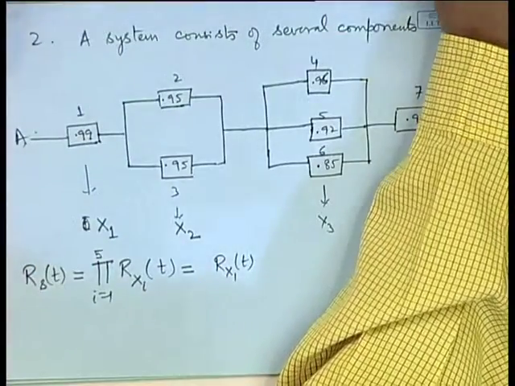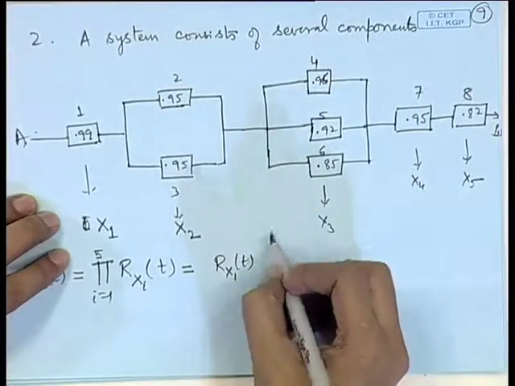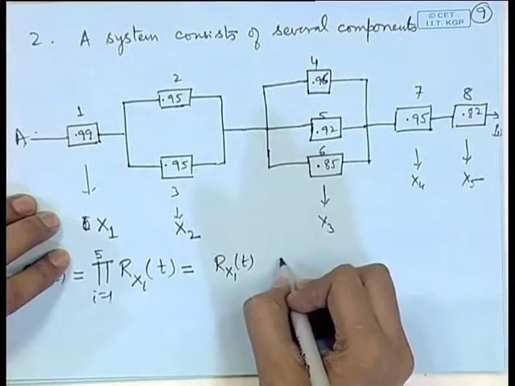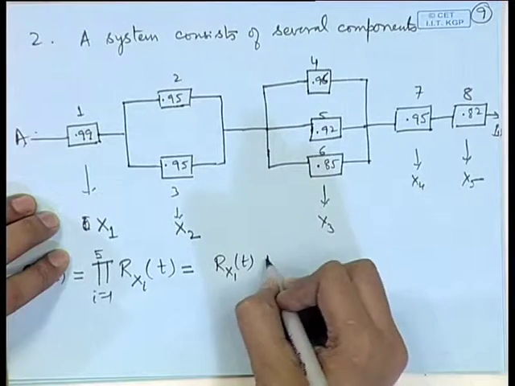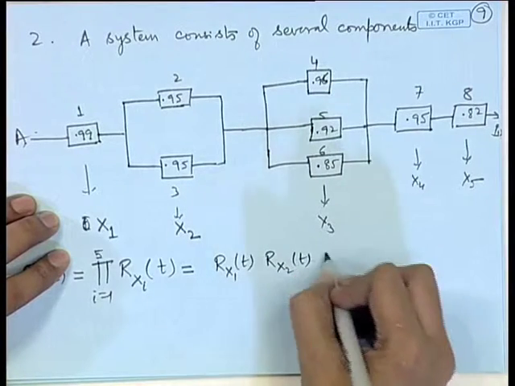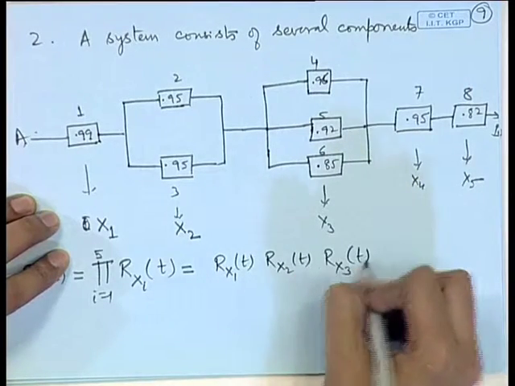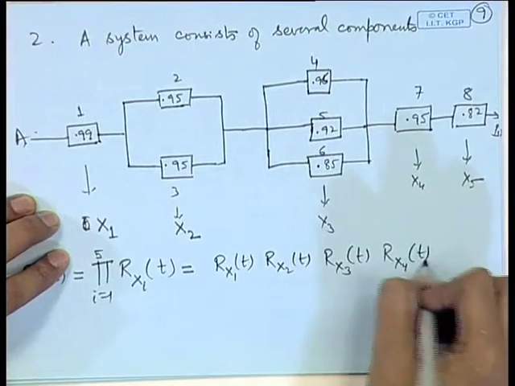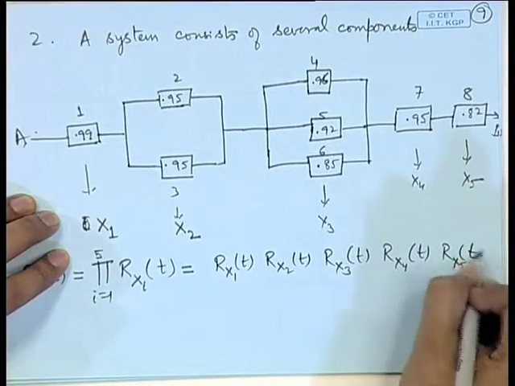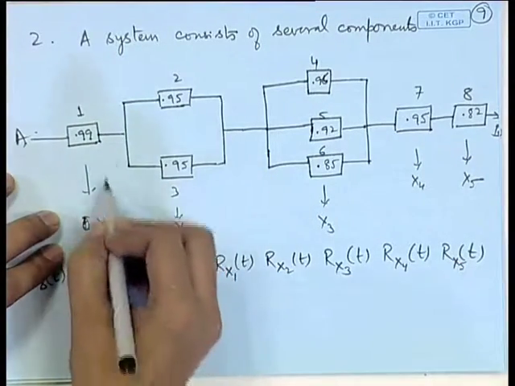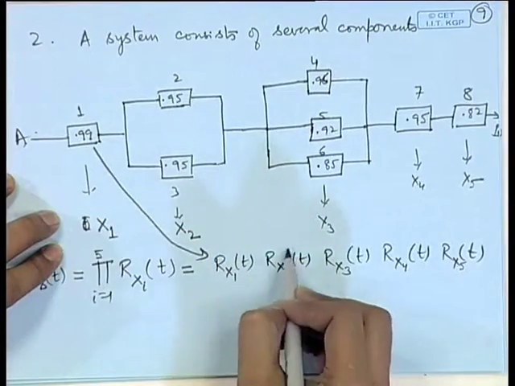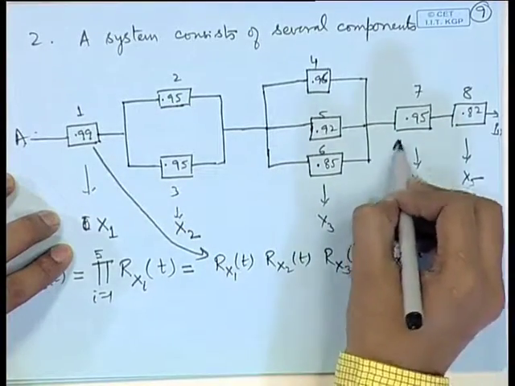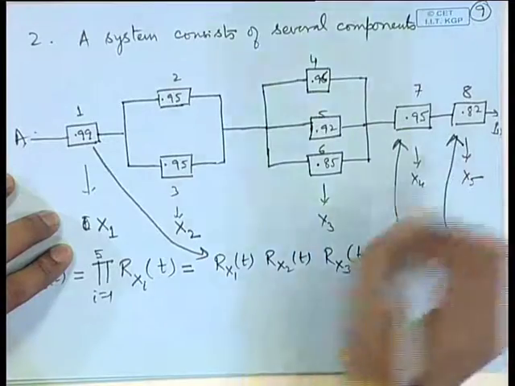So, if we use this one, firstly write R_X2(t), R_X3(t), R_X4(t) and R_X5(t), where R_X1(t) is given by this number, R_X4 is given by this number, R_X5 is given by this number.